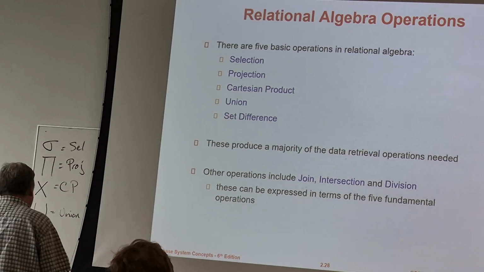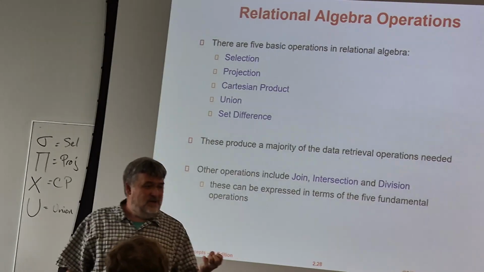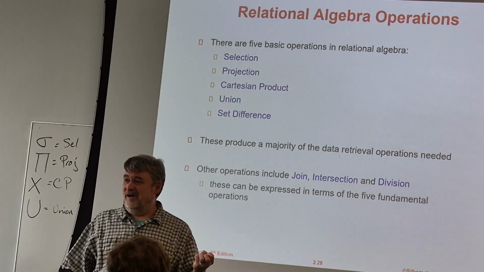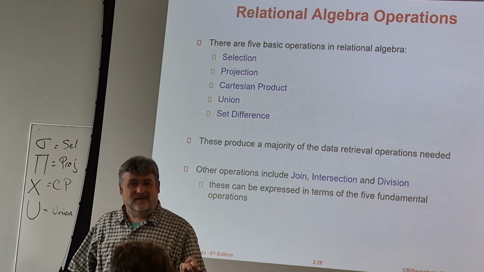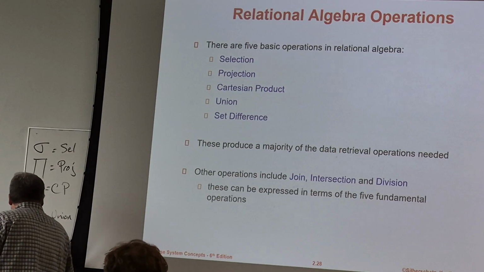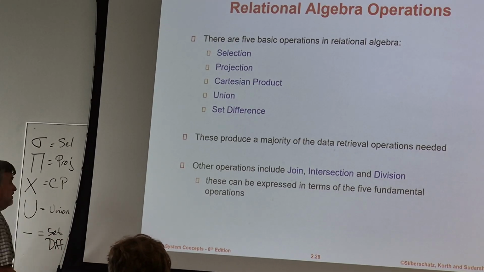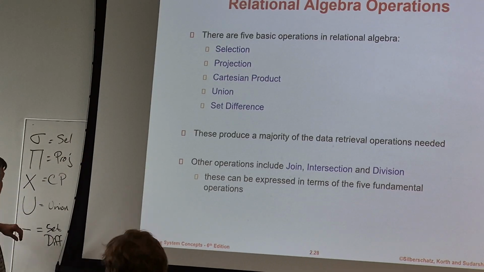And set difference. What's differencing in a mathematical language? When we're taking the difference between two values, that's like subtraction, isn't it? We're going to use the subtraction sign. Set difference.